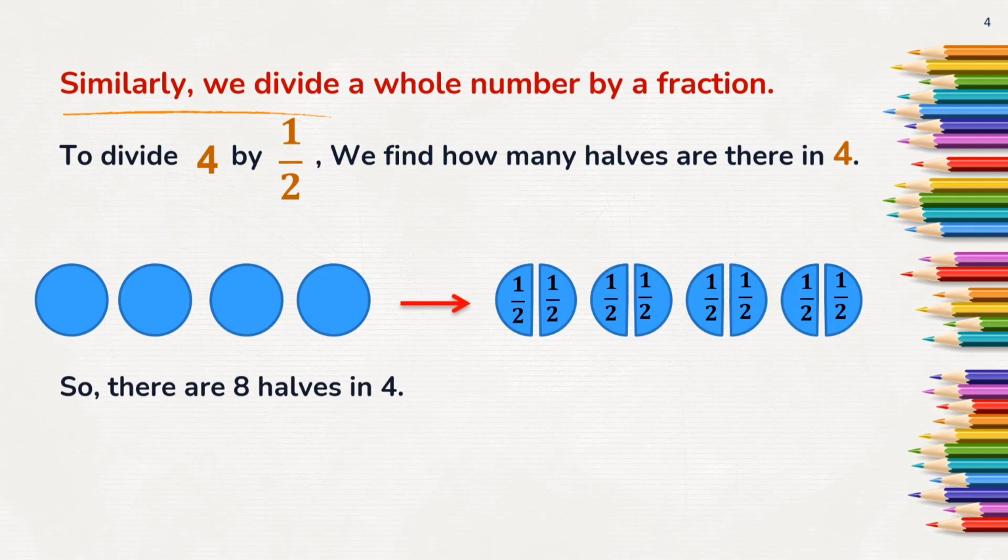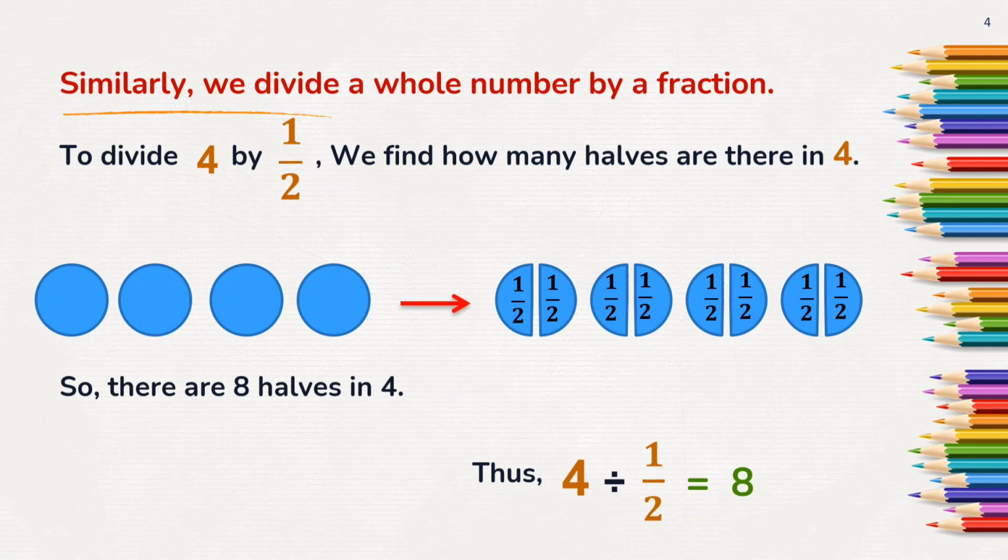So 4 divided by half becomes 8. So 4 whole divided by half is 8. So 4 whole into half is also 8 in 4 whole. Right?